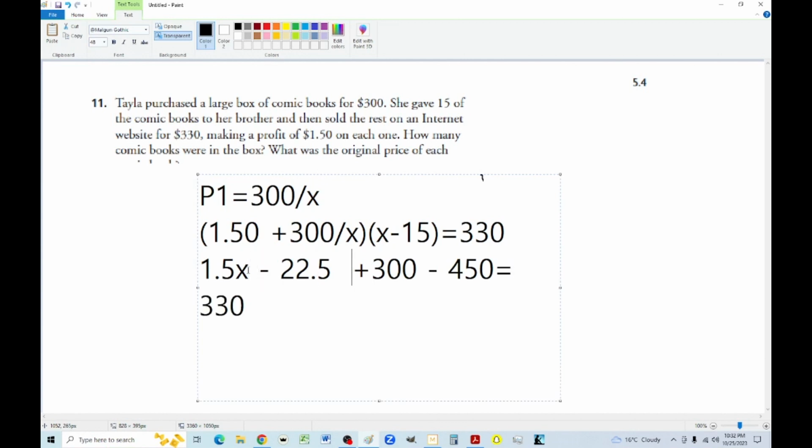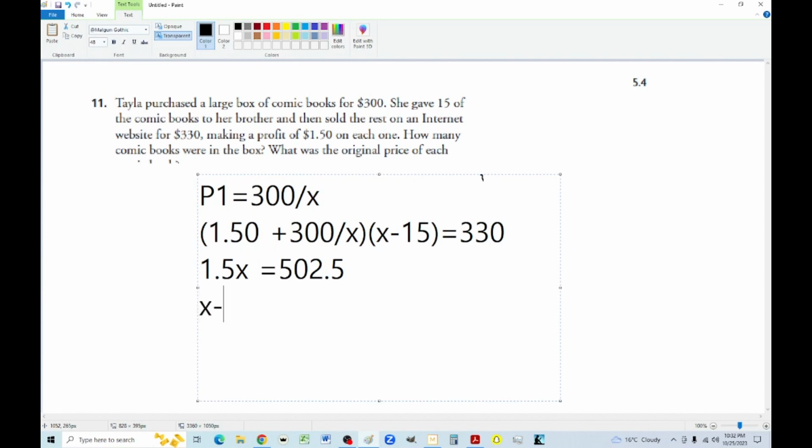So right here, this is minus 450, well, minus 150. Let's put it to the other side. That's plus 480. And then let's add 20. I get 502.5 is equal to 1.5x.